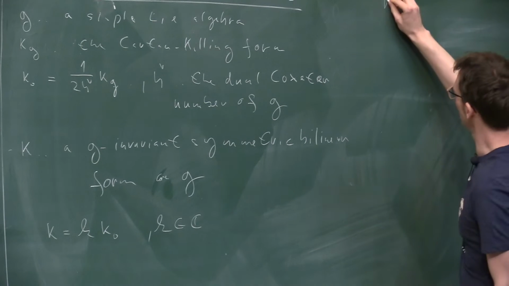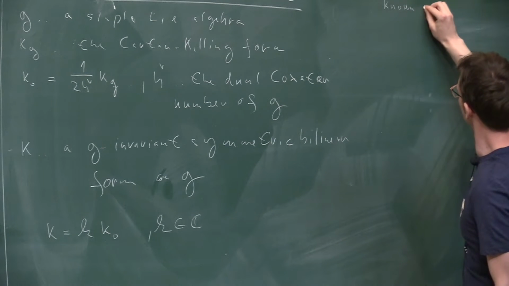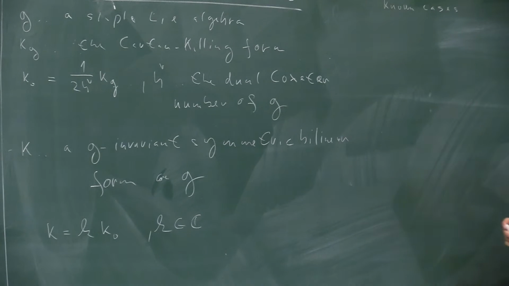So what are the known cases of associated varieties for simple affine vertex algebras?